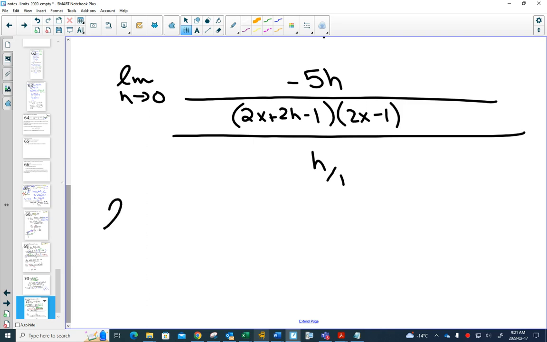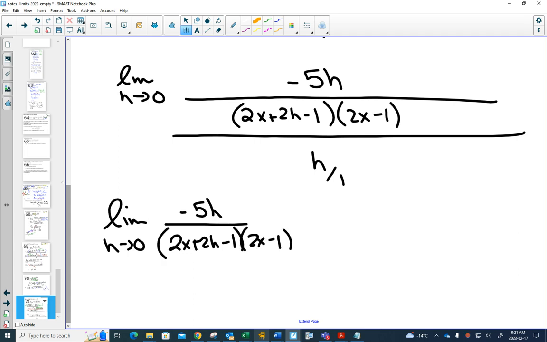So then I have a fraction divided by a fraction. I can multiply by the reciprocal, so this would be the limit as h goes to 0. My top fraction, negative 5h over 2x plus 2h minus 1, 2x minus 1, multiplied by the reciprocal, 1 over h, and all of that to get that final h to cancel out.